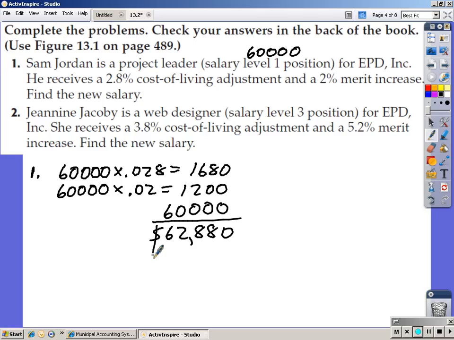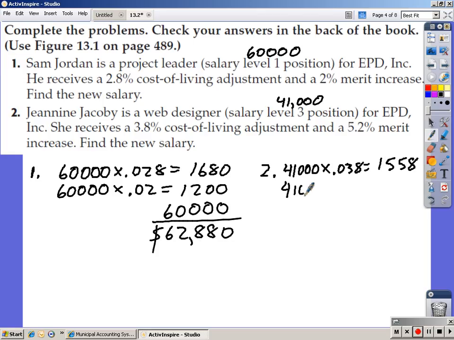Now, number 2 says Janine Jacobi is a web designer, salary level 3 position. That salary level 3 position is $41,000, and again, that's from the table. So we take $41,000 and multiply that by 0.038 for the cost of living increase, which is $1,558.